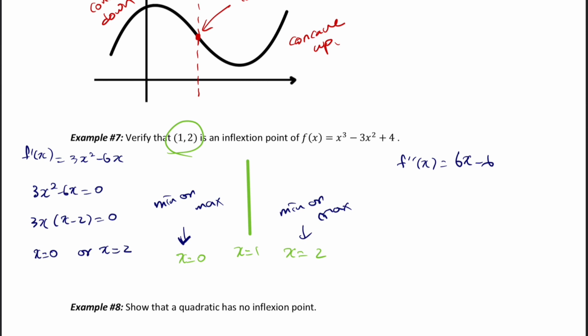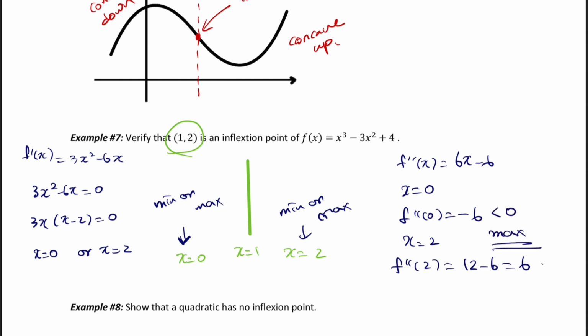Then we know that when the x value is equal to 0, our second derivative is negative 6. When x is 2, our second derivative is 12 minus 6, which is 6. Negative 6 means it is less than 0, so it's a maximum point. Positive 6 means it's greater than 0, so it is a minimum point.